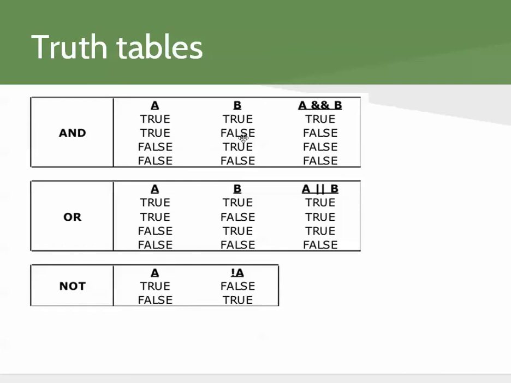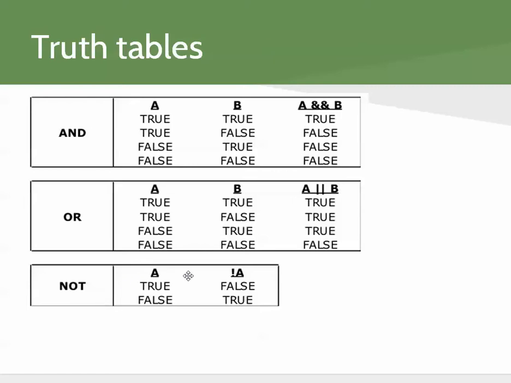If either one or both of the left and right hand sides are false, then A and B results in false. So for A and B to be true, the Boolean expression represented by A and the one represented by B must both be true. For or, either one of them must be true. So for a Boolean or operation, either A or B or both of those expressions needs to be true in order for A or B to be true.